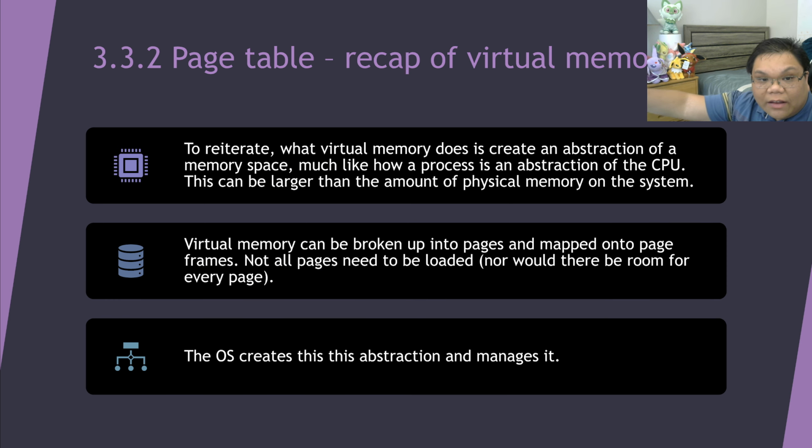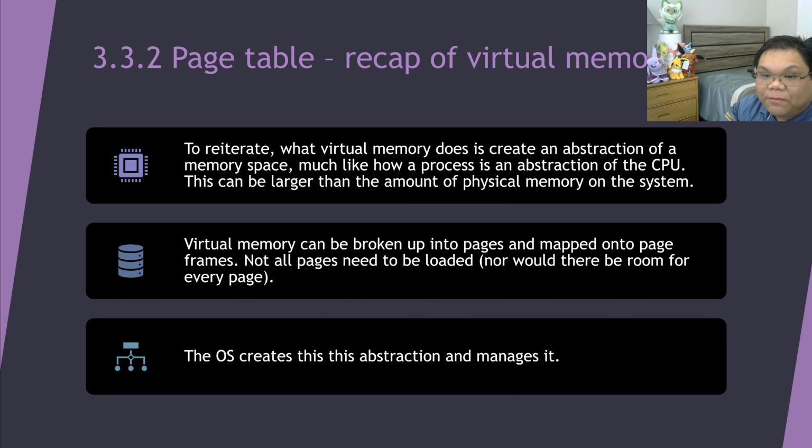So, to reiterate, virtual memory creates an abstraction of a memory space that may be larger than the amount of physical memory on the system. The term here is oversubscribing. Virtual memory can be broken up into pages, and we map each page onto its own page frame. Not all pages need to be loaded.